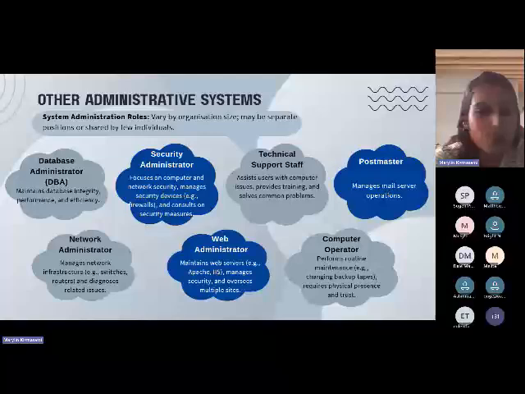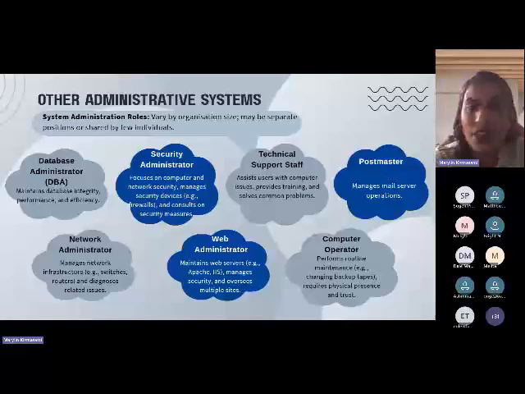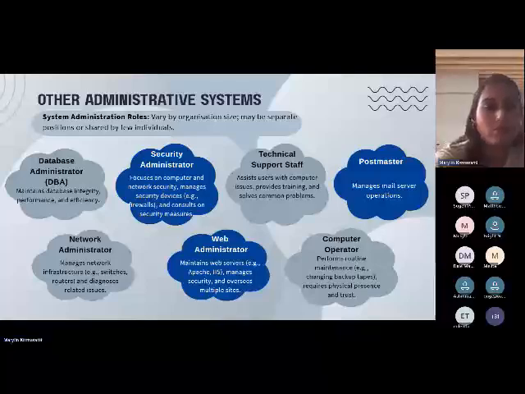They are also responsible for making sure there's smooth communication within the organization, and that's making sure that your emails are functioning perfectly fine. Okay. Are there any questions on this slide pertaining to other administrative systems?